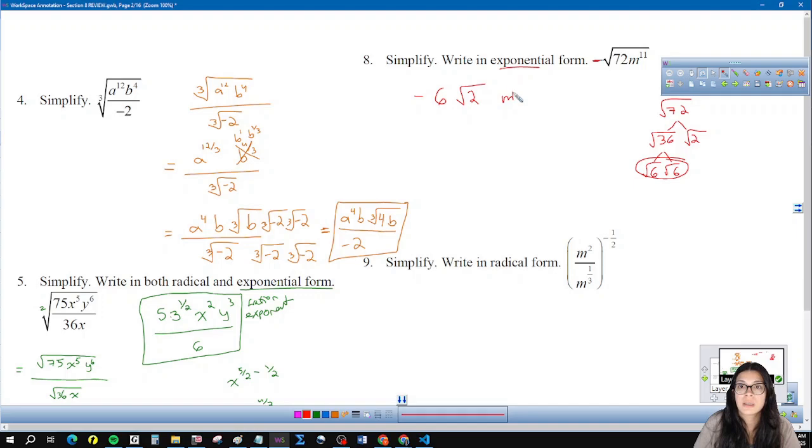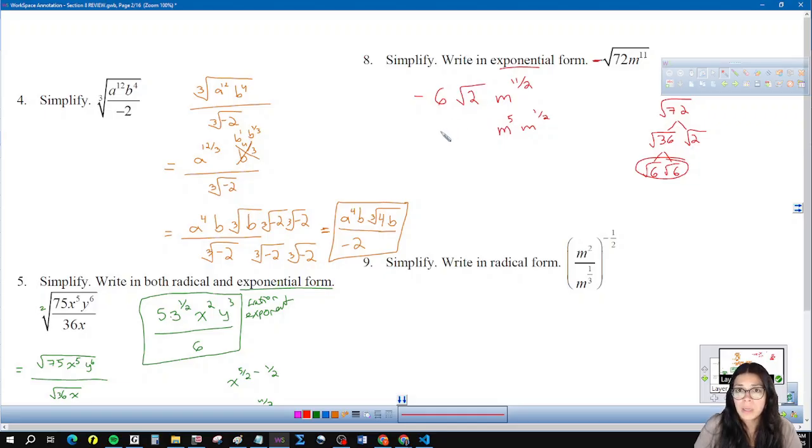So since this is a square root, then it will be m to the power of 11 over 2, which we would then split up. 11 divided by 2 will be 5 whole copies that come out, and then we have 1 copy that's going to remain on the inside because 11 over 2 is 5 and 1/2.